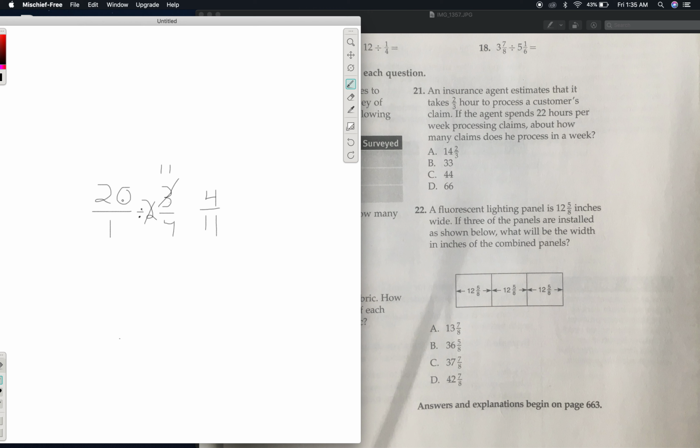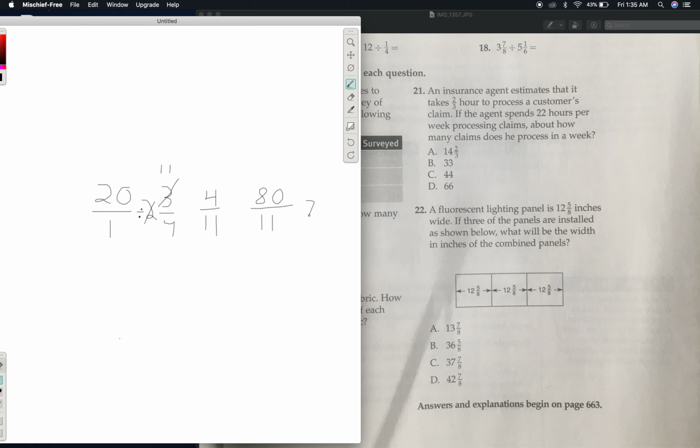Okay, so 4 times 20 is 80. Over 11. So 11 goes into 80 how many times, guys? Let's see. 80 divided by 11 is 7 times.